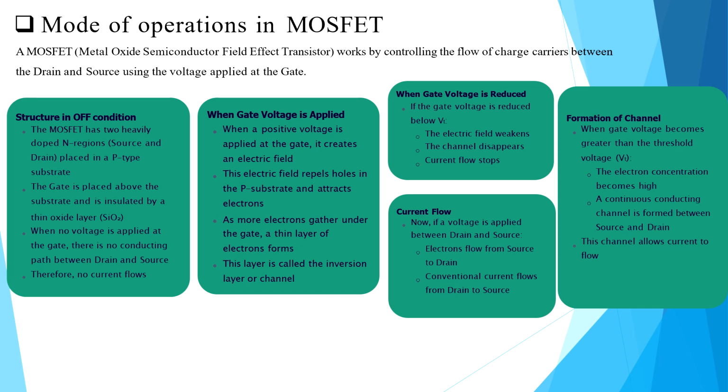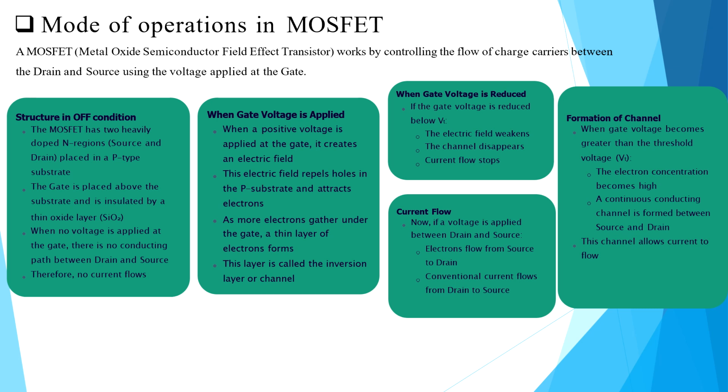The gate is placed above the substrate and is insulated by an oxide layer, that is the silicon dioxide layer. When no voltage is applied at the gate, there is no conducting path between drain and source, therefore no current flows. Now we'll see about the condition when gate voltage is applied.